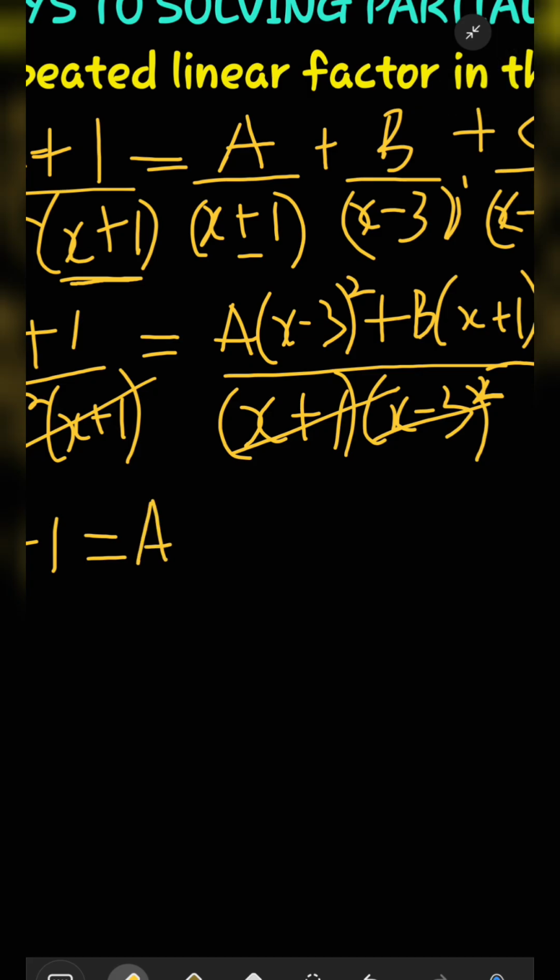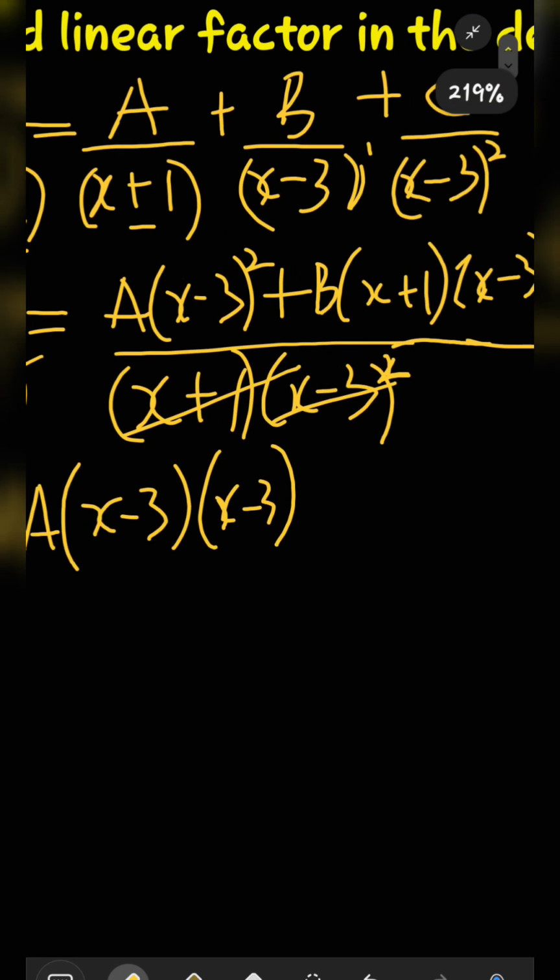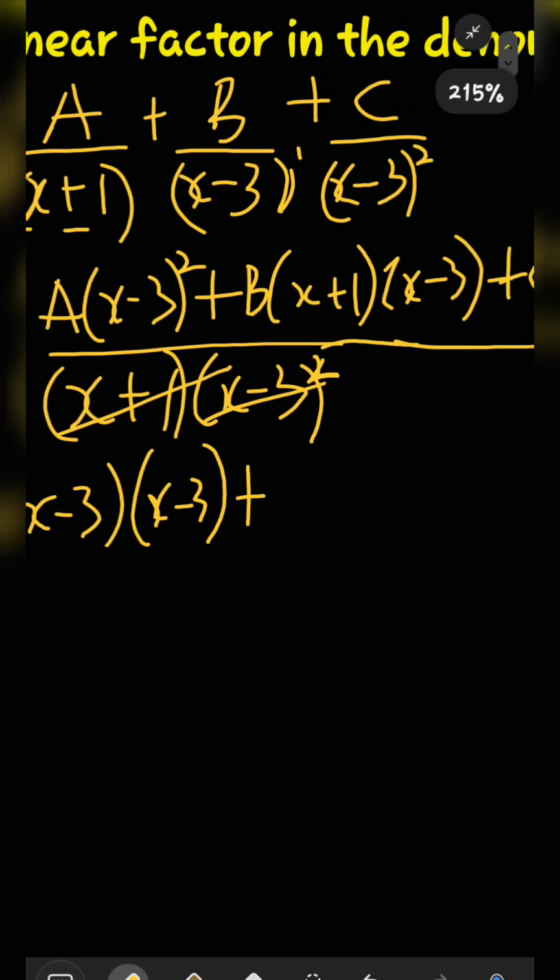a into, now we can simplify x minus 3 all raised to power 2. We can expand it, we'll be having x minus 3 into x minus 3, plus b into, simplifying this, x times x, we have x squared.